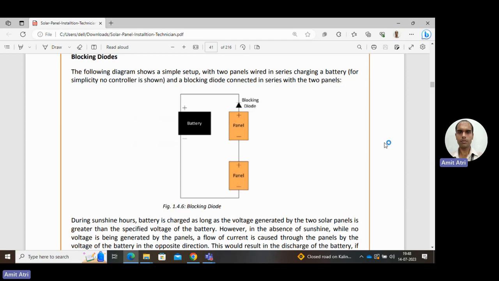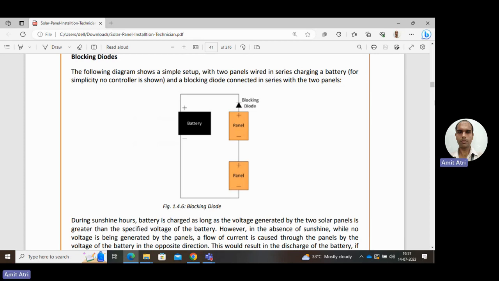When the panel is producing electricity, the current flows out from the panel, through the blocking diode, and goes to the battery and charges it. So the current produced by the solar panel flows in a way that the diode is forward biased when conducting from panel to battery.